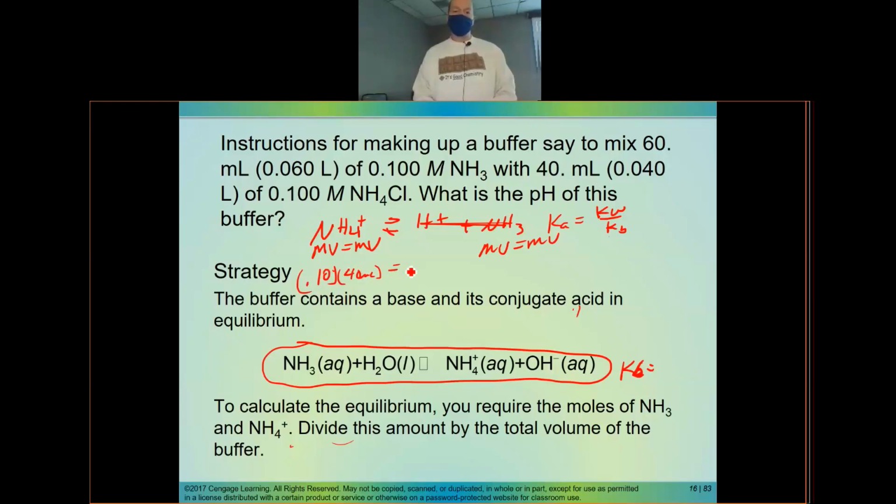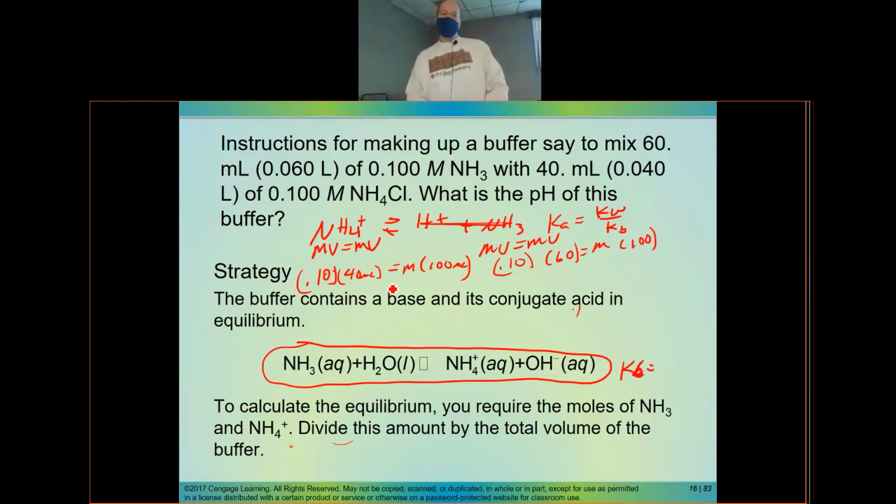I want to know what the molarity is now that I am at 100 mils because I added the 40 and the 60 together. The NH3, I started with 0.10 molar with a volume of 60 mils. What is the molarity now that my volume mixed together is 100?